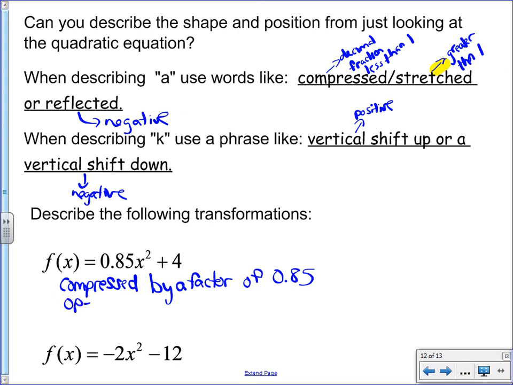It will open up because this is a positive number. And there will be a vertical shift up of 4. So if the last number is positive, there will be a vertical shift up. If the last number is negative, it will be a vertical shift down.